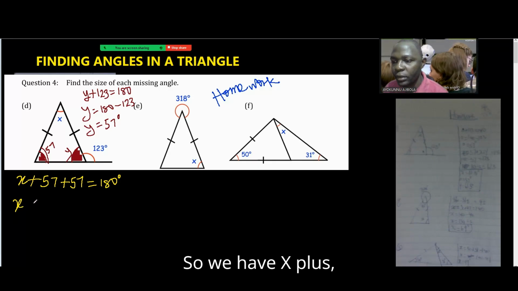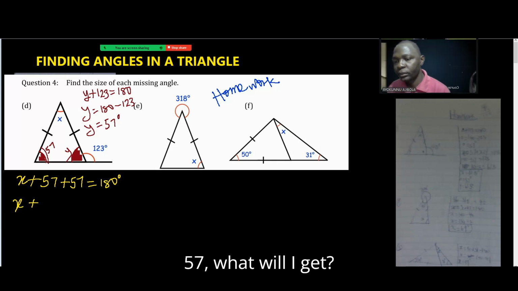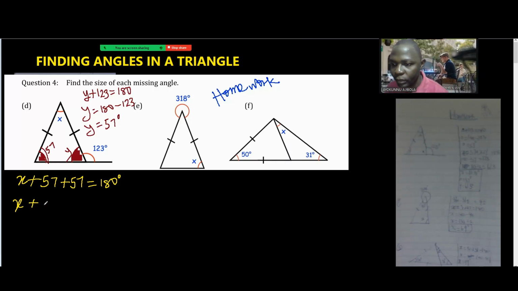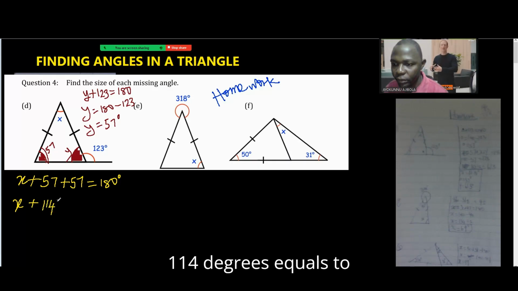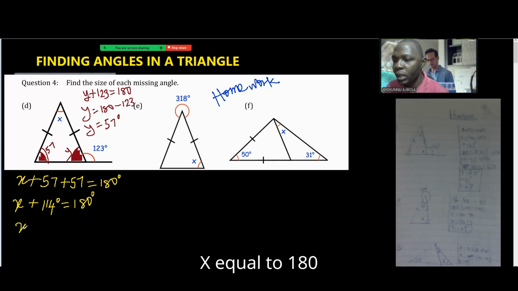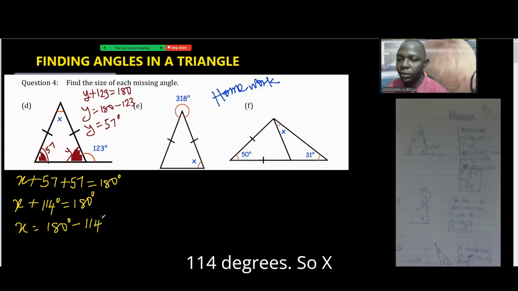So we have x plus, if I add 57 plus 57, what will I get? 114. Yeah, 114 degrees equals 180 degrees. So x equals 180 degrees minus 114 degrees.